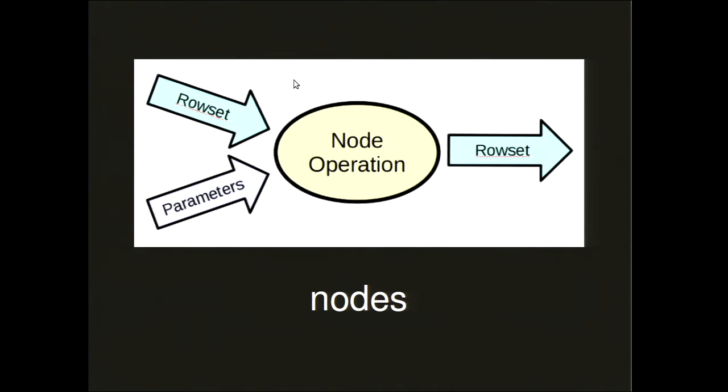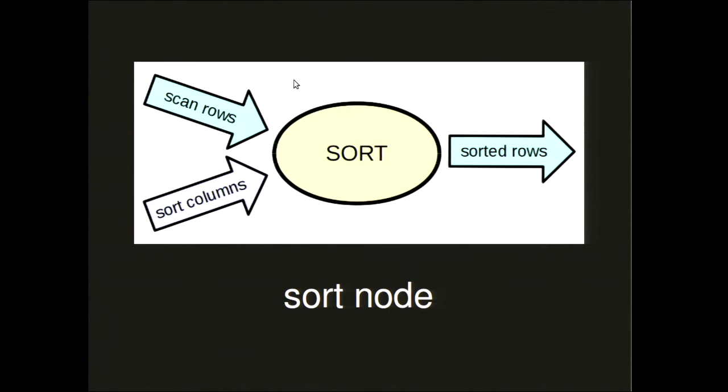And then what it's going to output is another row set. So for example, if we have a sort node, you're going to have rows coming from a table scan going into the sort node, and a set of columns that we're going to sort on and how we're going to sort them as parameters going to the sort, and then sorted rows will be coming out.